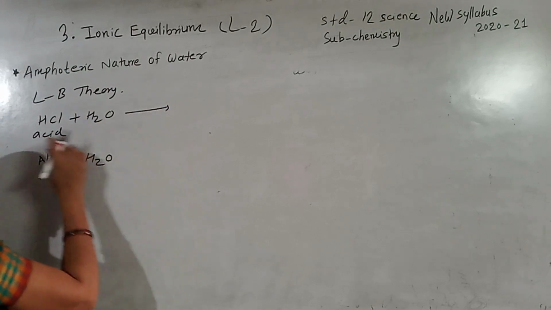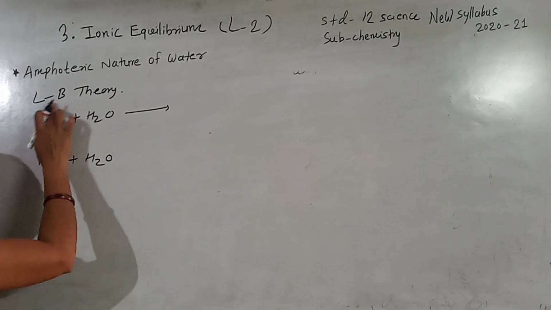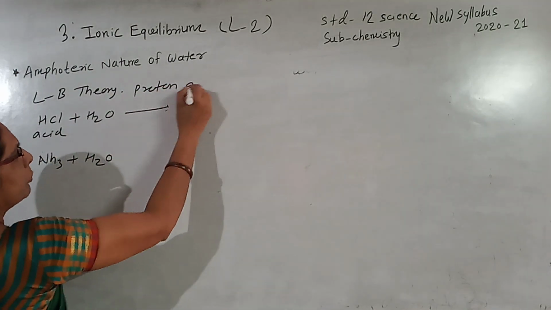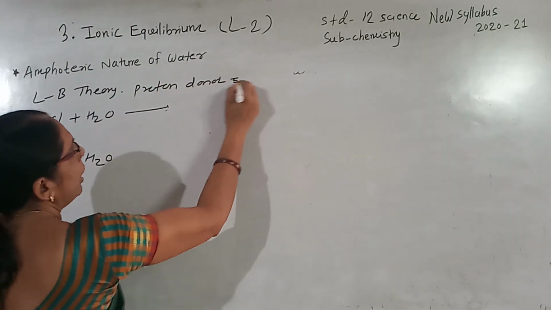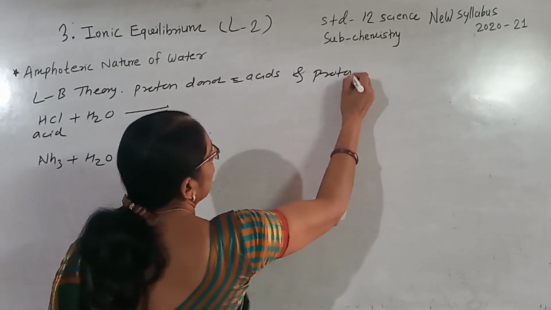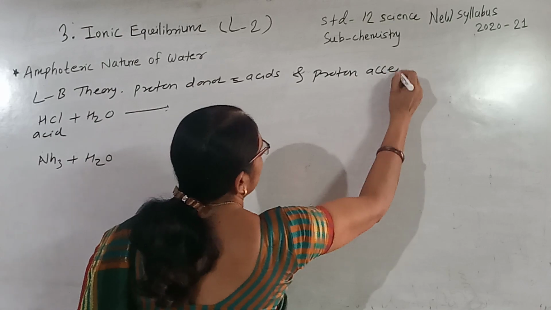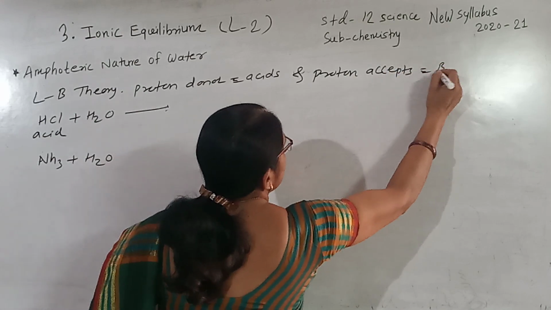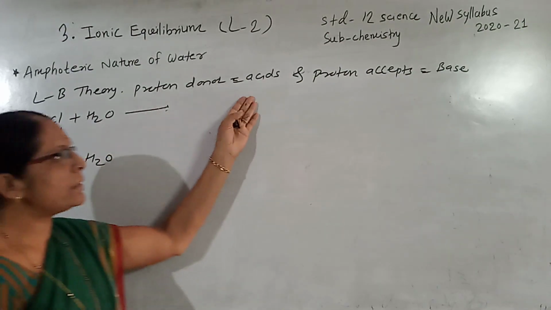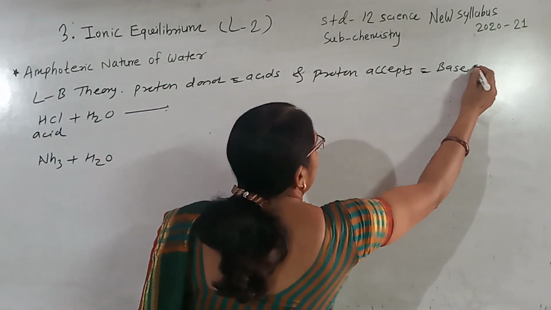According to Lowry and Bronsted theory, proton donors are acids and proton acceptors are bases.